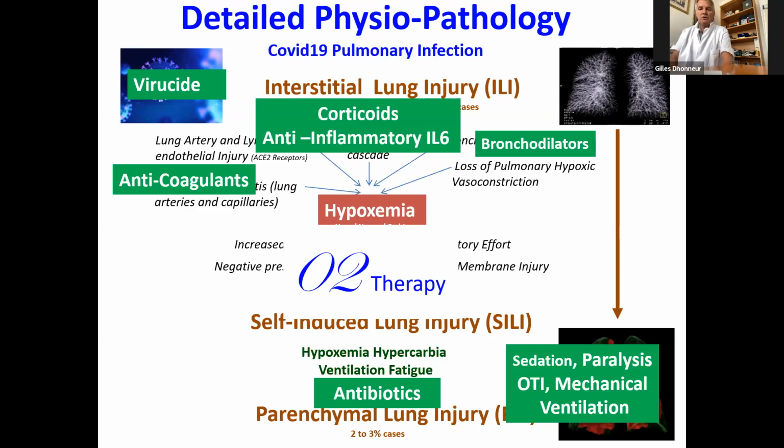And we need to give them antibiotics. But the most important thing I would like to express to you is that we can break the vicious circle that promotes progression from interstitial lung injury to parenchymal lung injury, and we can break this vicious circle by using oxygenotherapy.